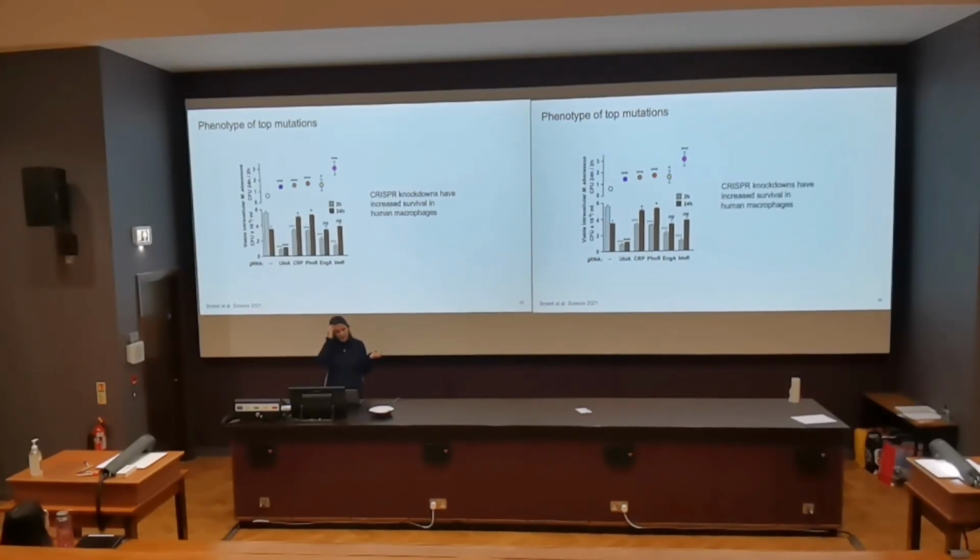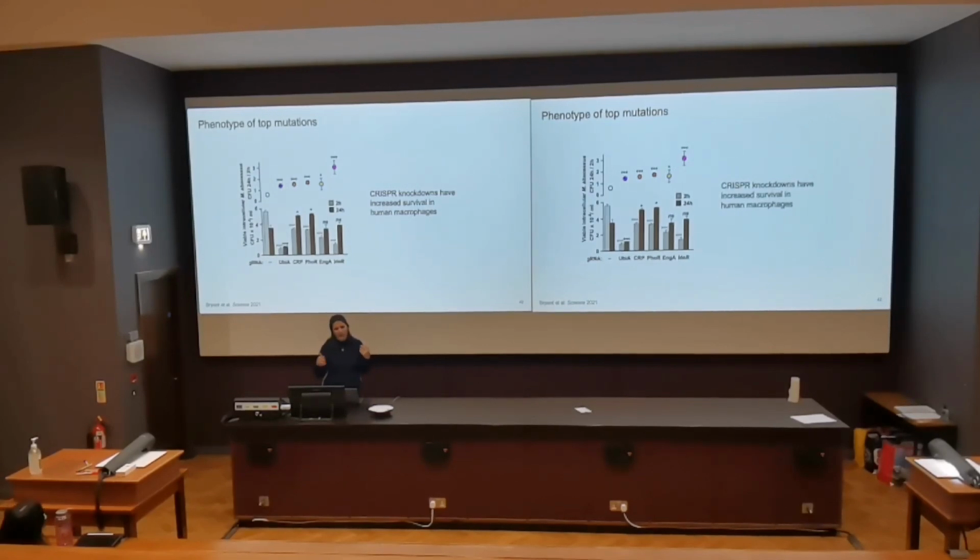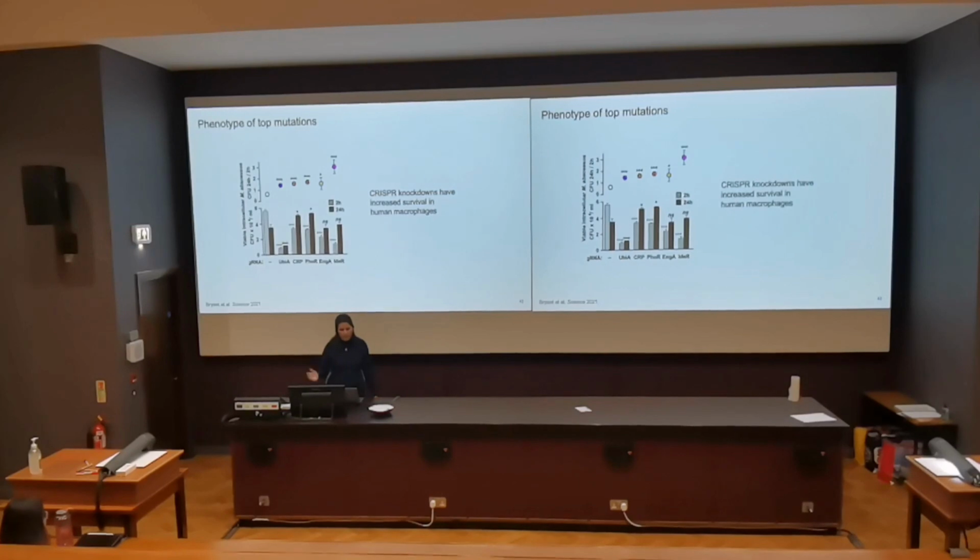So we think this is evidence that these mutations are causing the Mycobacterium abscessus to survive even better in macrophages, and therefore are more able to cause disease and be more virulent.